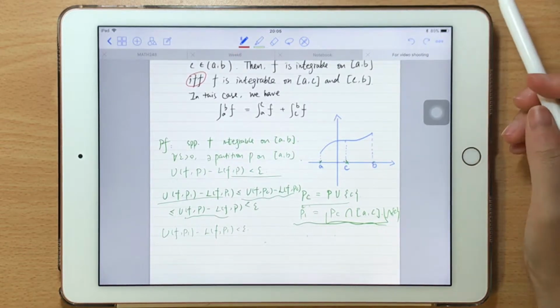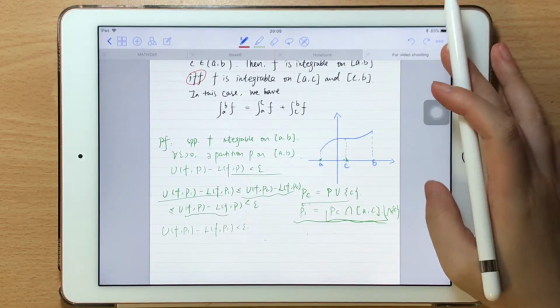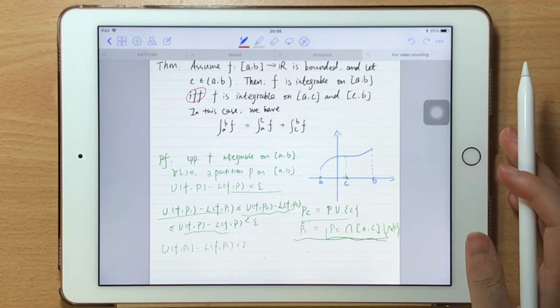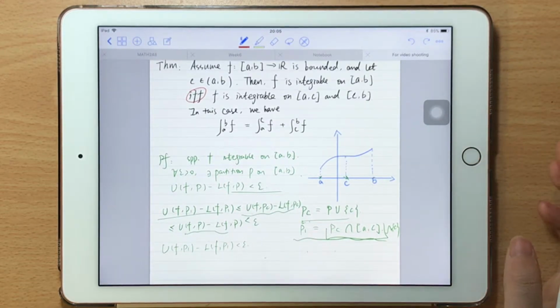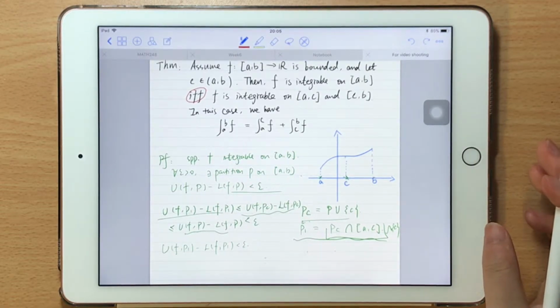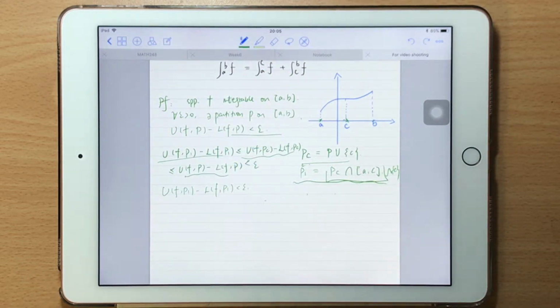Now we have already proved that if f is integrable on [a,b], then f is integrable on [a,c] and [c,b]. The other way around, we want to show that if f is integrable on both [a,c] and [c,b], then f is integrable on the whole interval [a,b]. It's pretty similar.